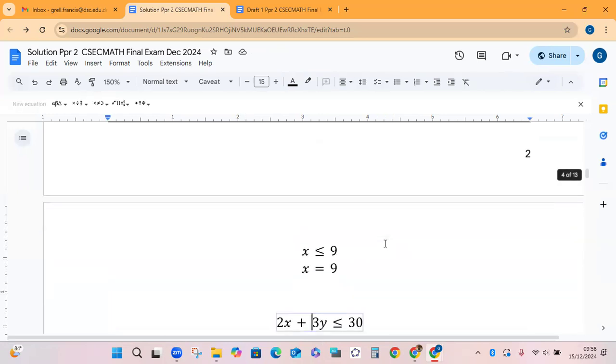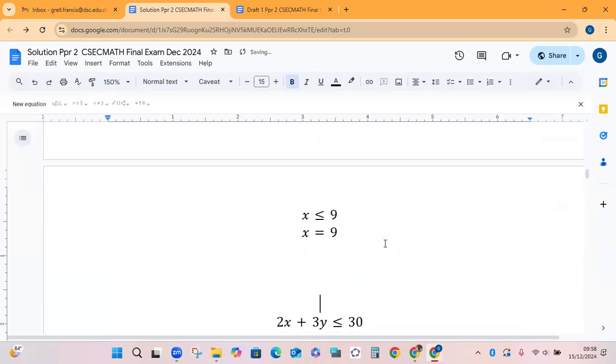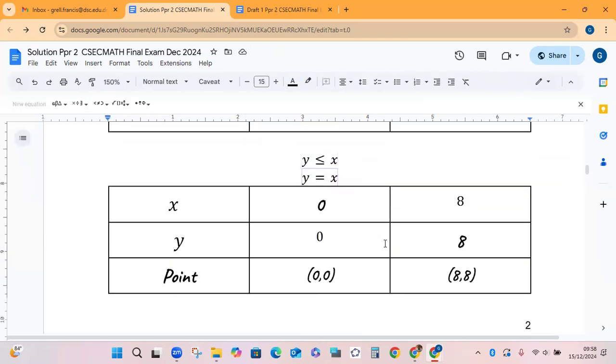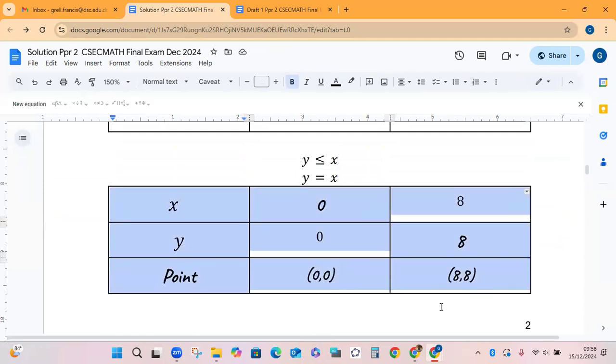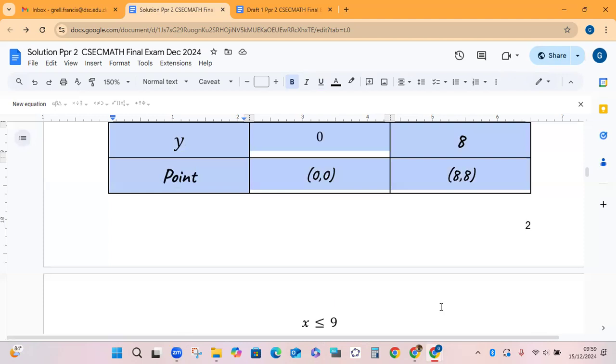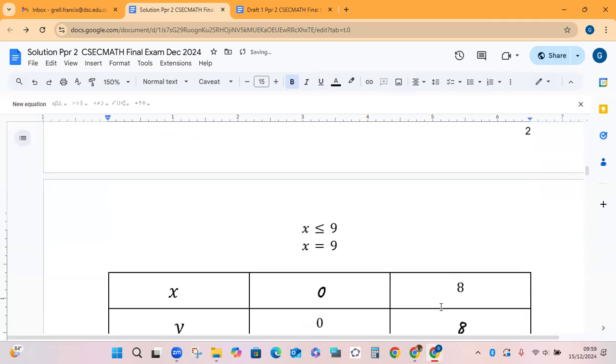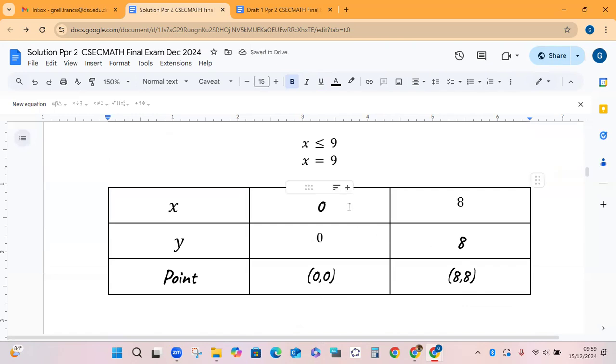The next inequality is x is equal to 9. I didn't really bother to make a table for this one, but x is always 9. X cannot be anything else other than 9. If you really want to make the table, we can, but x has to be 9, and y can be any number.